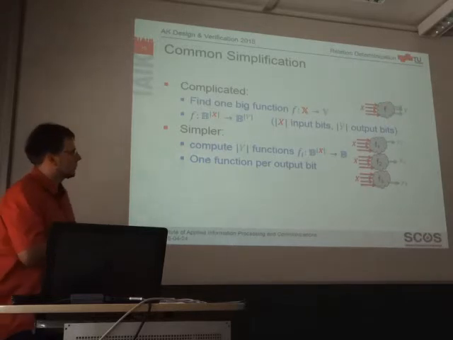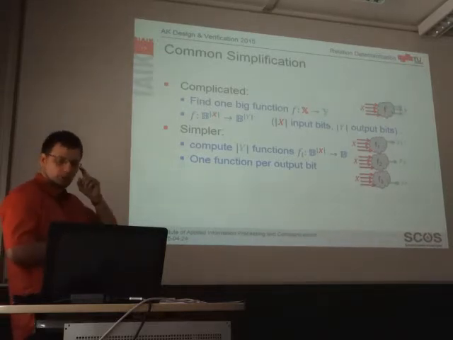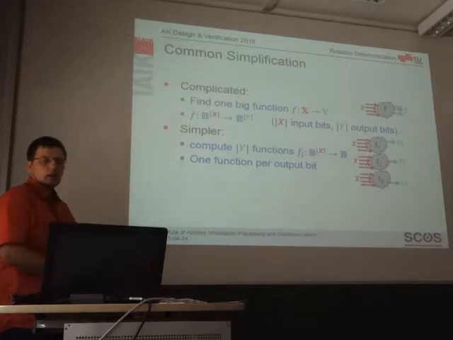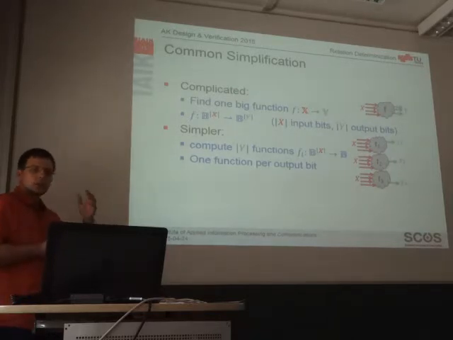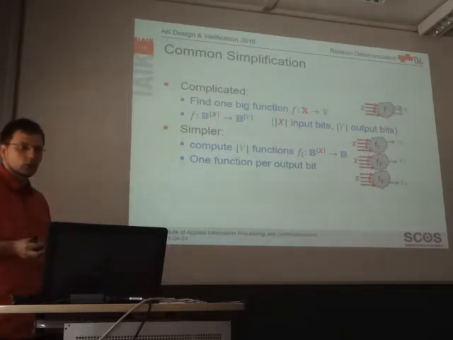So you first compute the function for the first output bit by looking at all the inputs. Then you compute the function for the second output bit by looking at all the inputs, and so on. By only focusing on one particular bit, it is way easier to actually accomplish this task. And basically all the methods that I'm going to talk about in the rest of today will do this in this particular manner.